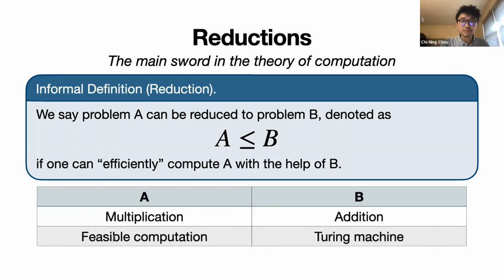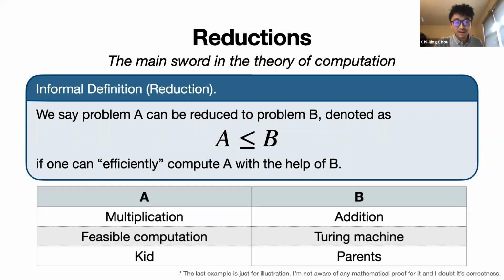The second example is from the previous lecture. The Church-Turing thesis is a hypothesis that you can reduce all plausible computation, maybe "feasible" might confuse some people, but all possible computation, to a Turing machine. Namely, with the help of a Turing machine, you can solve any computational problem.